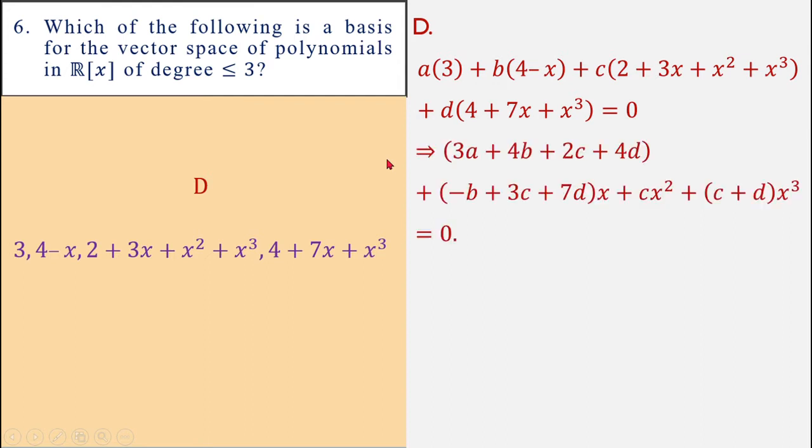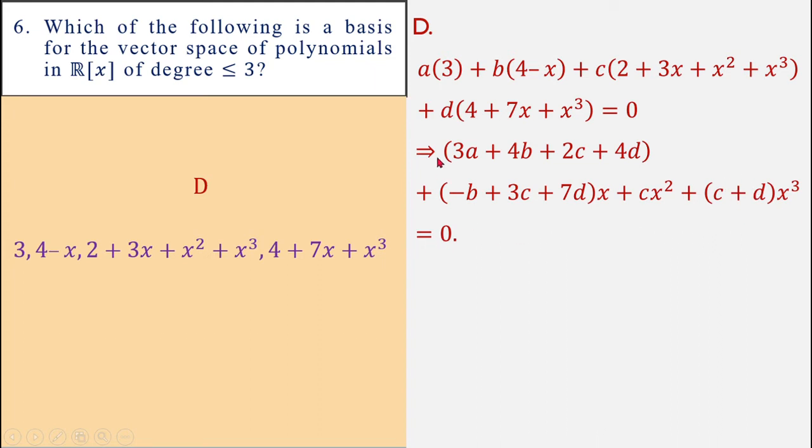Then you will get the constant term 3a plus 4b plus 2c plus 4d, plus the coefficient of x as minus b plus 3c plus 7d times x, plus the coefficient of x square, that is c times x square, plus the coefficient of x cube as c plus d times x cube, is equal to 0.